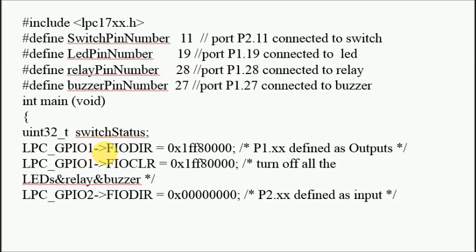What we have to do here is control the direction of that particular port. Now I have selected port 1 and I use the function input output direction, FIODIR. Direction controls whether the port is configured as output or as input.